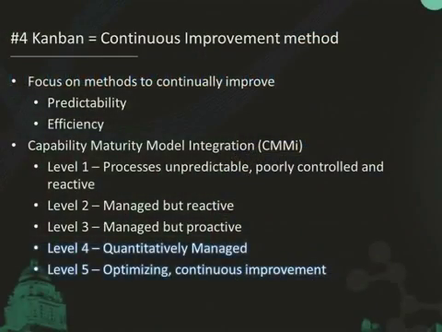If you know the CMMI, it's a maturity model for software organizations. Levels 4 and 5, the top levels of maturity, talk about having a quantitatively managed organization, one that manages itself based on information, not on hearsay and guesswork. And level 5 is when an organization is continuously improving. They're not happy with where they are now, and they're striving for perfection.